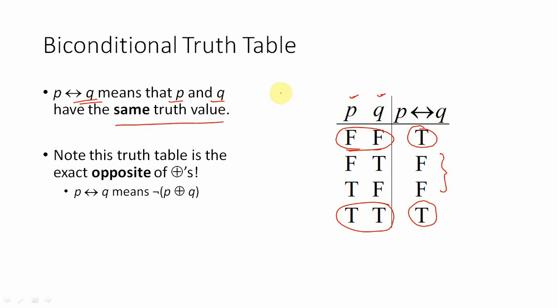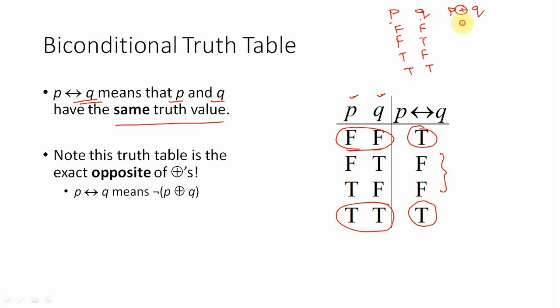Now please see, let us say I make the truth table of P XOR Q. False, false, false, true, true, false, true, true. If you remember, we discussed that the XOR is true when P and Q are different.